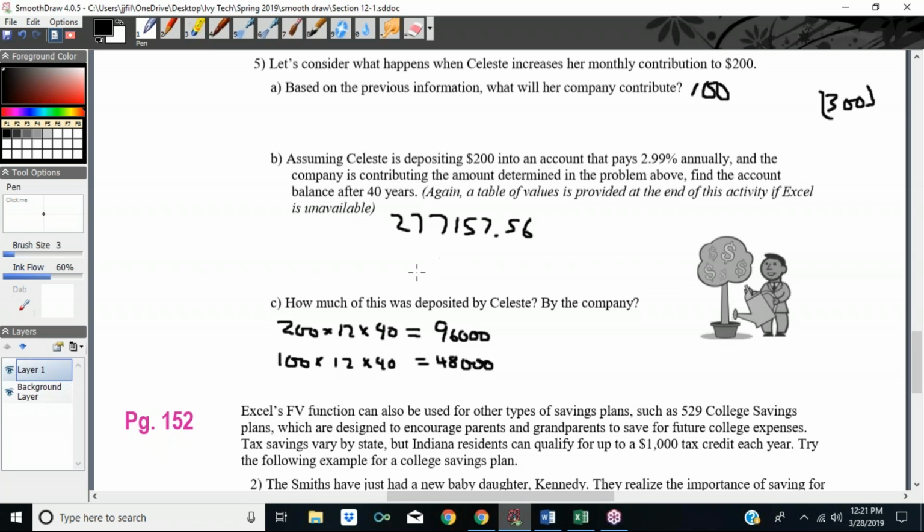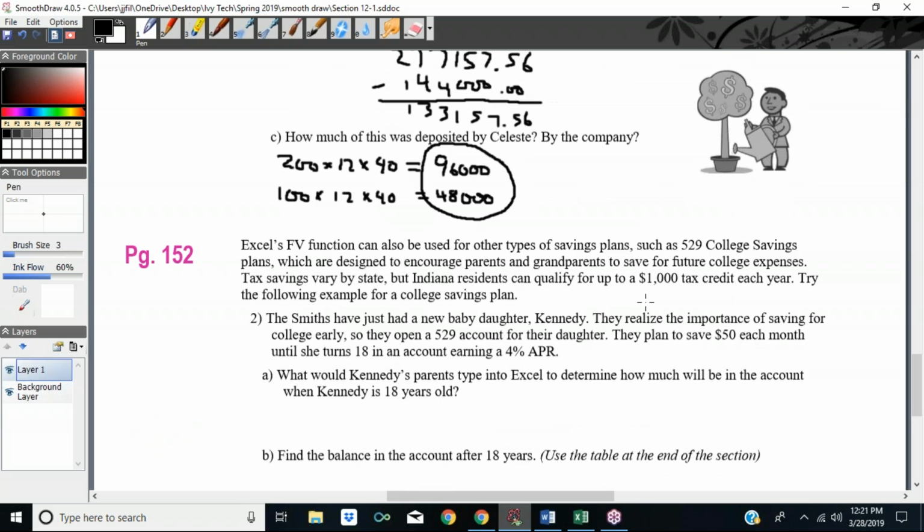How much did she earn in interest? Can we tell right away? We would just add those up and subtract it from the 277. So over that 40 years, she would have earned $133,000 in interest, more than what she put in. That's a good deal.